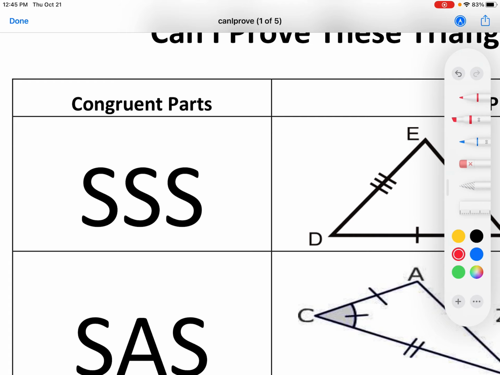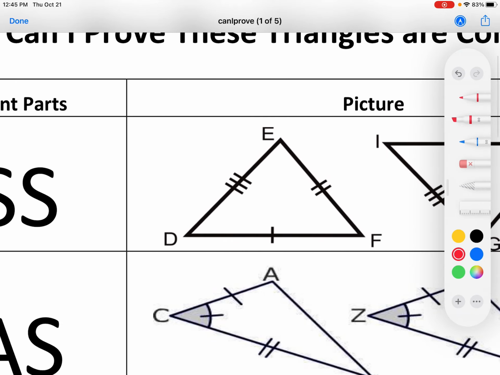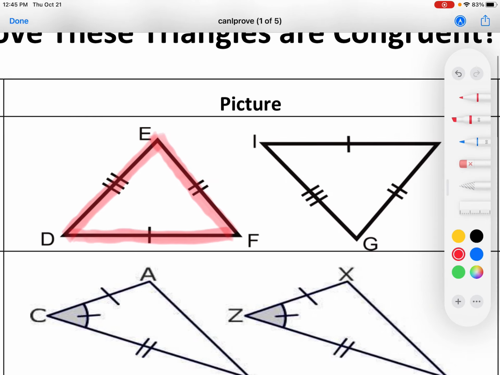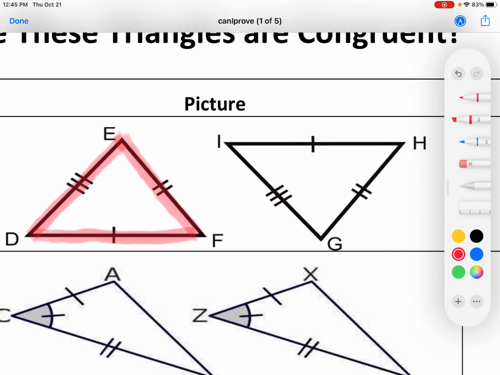That's saying if you have three congruent sides on the triangle, is that enough to prove that they are congruent? Earlier on in Topic 4, when we were proving that triangles were congruent, we had to have all three sides and all three angles congruent. That is not necessarily the case, as we're going to talk about today.